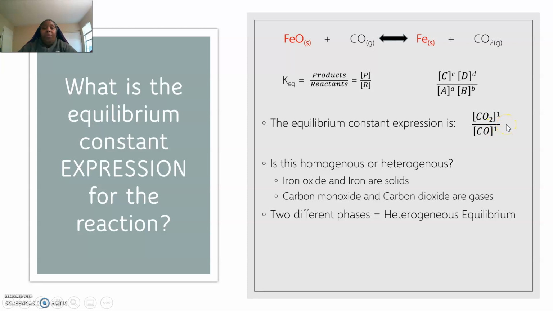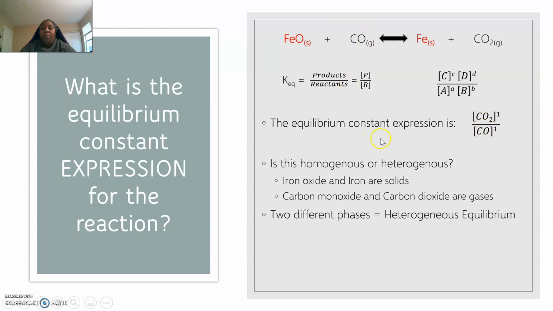You don't have to put the 1 there, but I put it there so you could see the format: the product, in this case, is raised to the coefficient, which is 1. And then the concentration of the reactant is raised to the power of 1, because the 1 is the coefficient here.